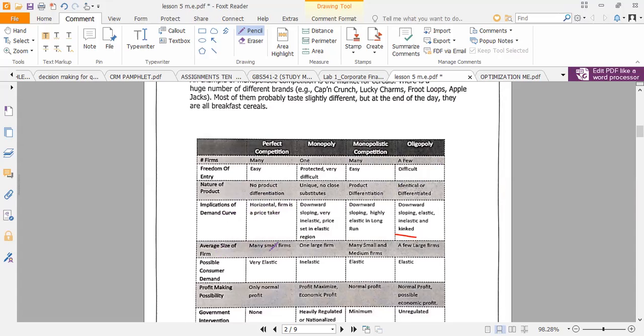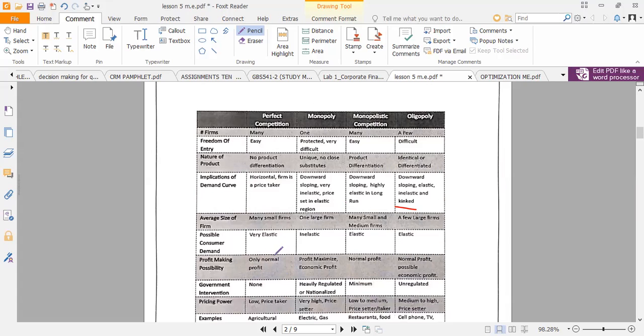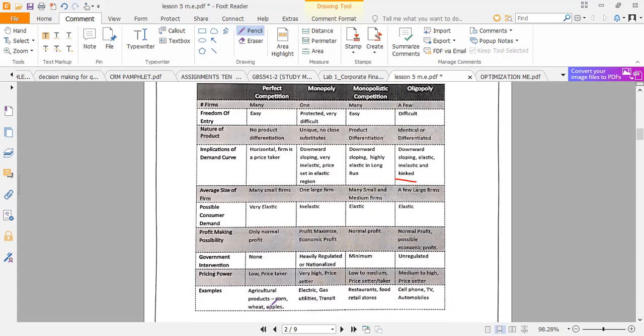Then demand is very elastic and they make normal profits in the short run and economic profits in the long run. There's little or no government intervention. They have low price decision making. Examples are agricultural shops.